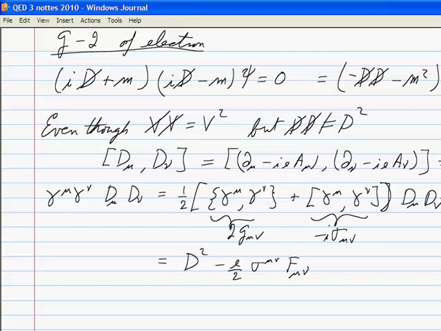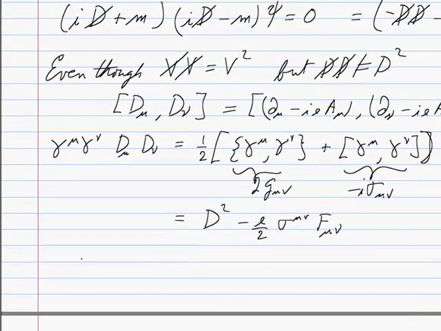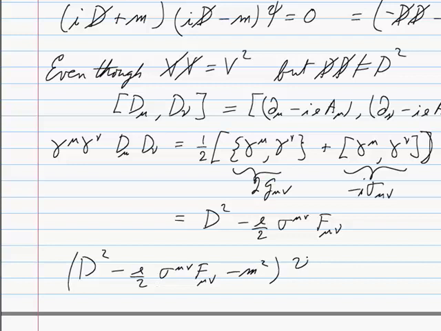So our equation then is (D squared minus e over 2 sigma mu nu F mu nu minus m squared) psi is equal to 0. So that's just a fancy version of the Dirac equation. I've just multiplied through by a particular thing.